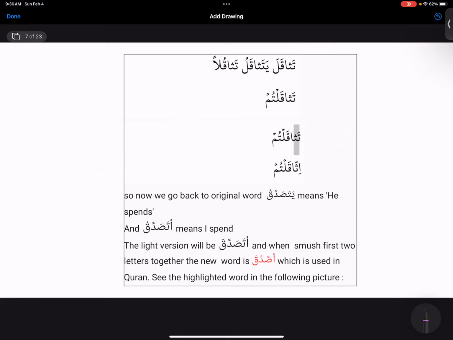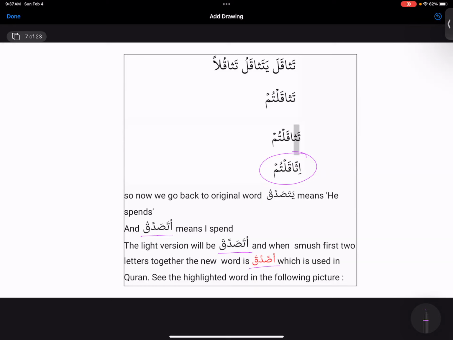Okay, so you will see this word in the Quran: Ithaqaltum. Right? So that is basically what happens over there. Okay, now another word, ata swaddaku, means I spent. So ata swaddaqa is actually aswaddaqa.